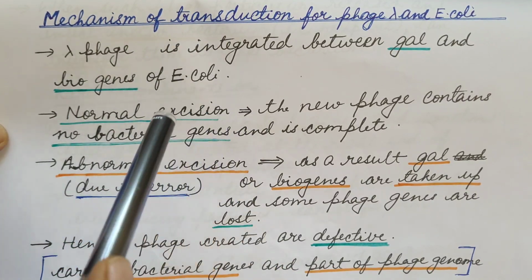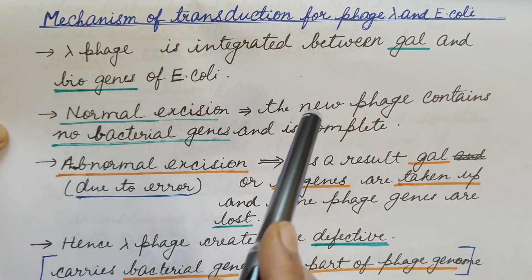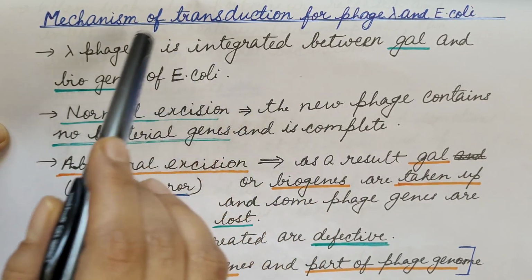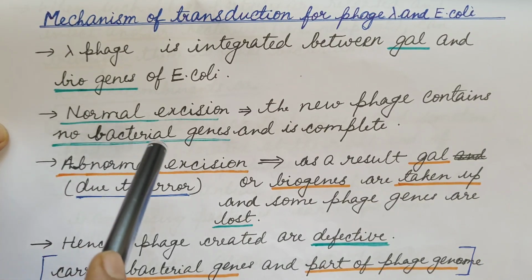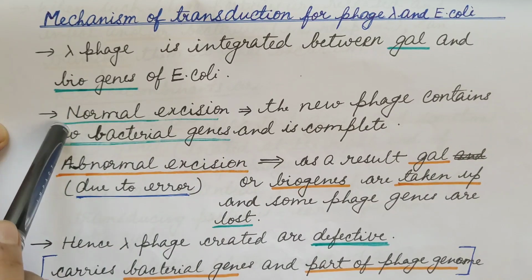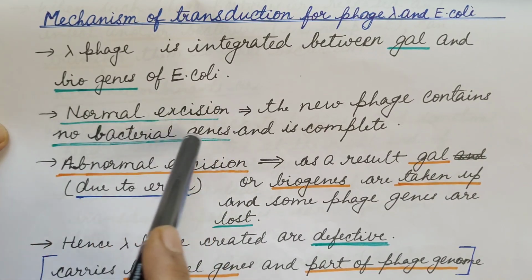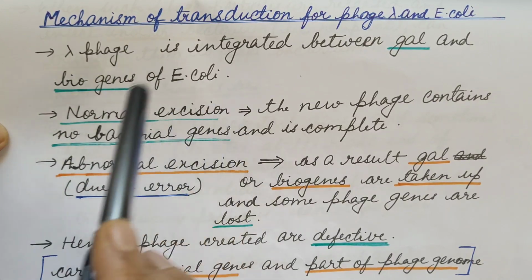It remains integrated for several generations and is replicated along with the bacterial genome. When it is induced in the presence of ultraviolet radiation or certain chemicals, the phage genome or phage DNA, which is known as prophage, is excised.